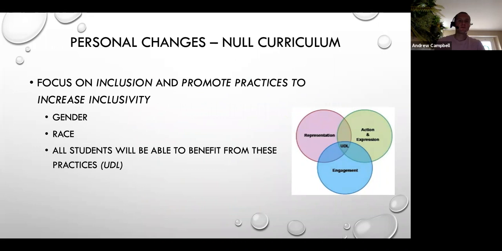The next section we're focusing on is the idea of personal changes that I have experienced as this course went on. So I'm going to look at the first thing through the null curriculum. Now, during the final week, we talked about the idea of gender and race, inclusion, and representation.